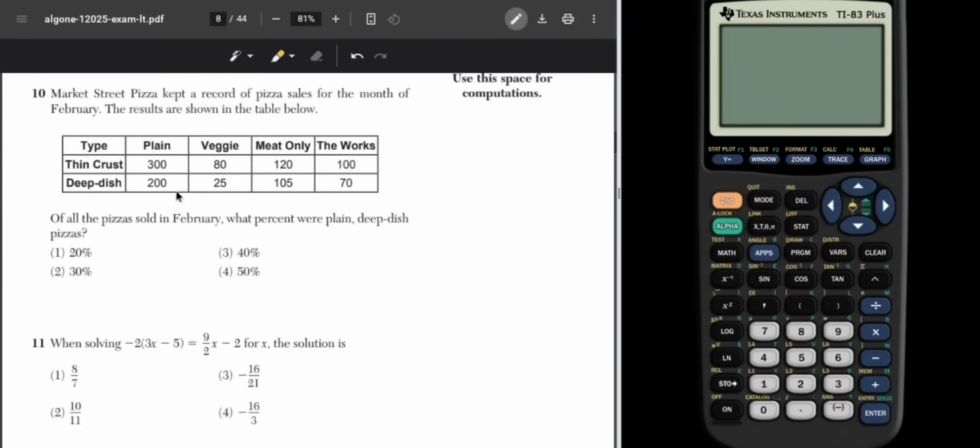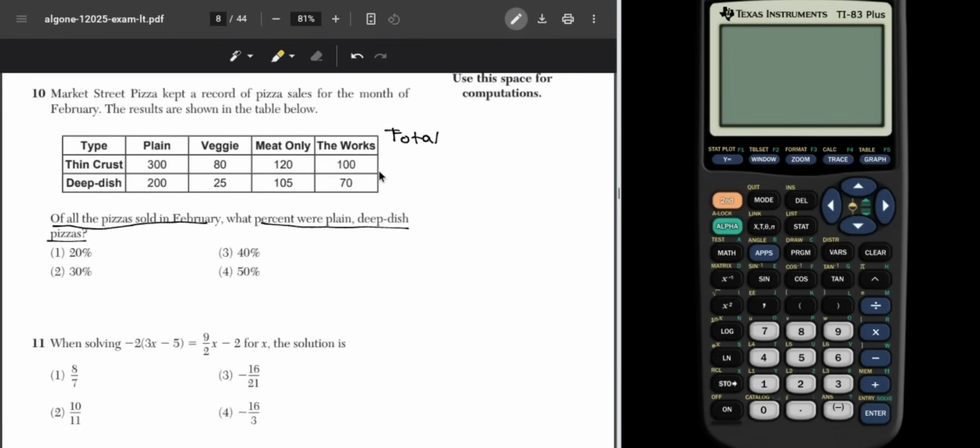Number 10 says, Market Street Pizza kept a record of pizza sales for the month of February. The results are shown in the table below. Of all the pizzas sold in February, what % were plain deep dish pizza? So, key thing to look at. It says of all the pizzas sold in February. That means I need the total of everything.